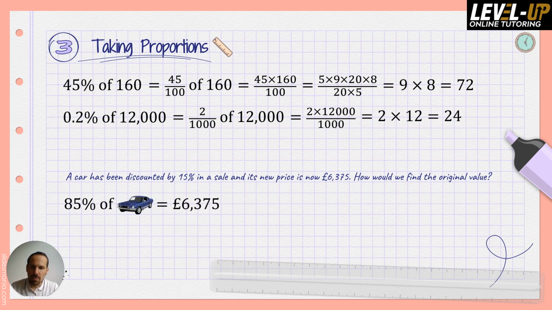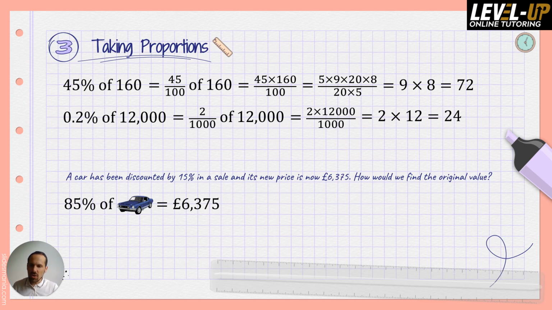So what we're left with is 85%. Therefore, you can see it like this: 85% of the value of the car is equal to 6,375. So this is almost like an equation. If you've encountered algebra yet, we're going to be moving on to that soon. Algebra can certainly come in use here, but this one's simple enough that you can just think about it logically.